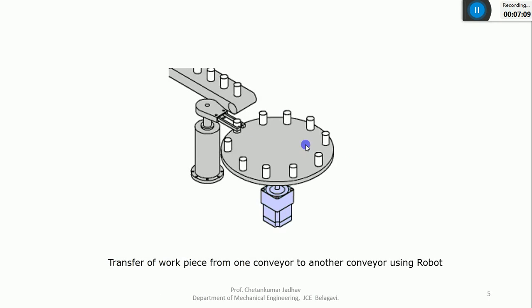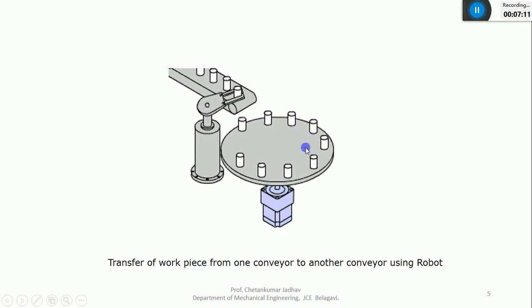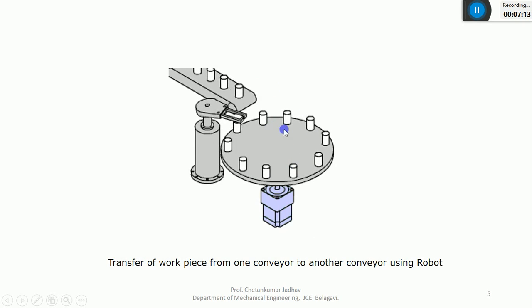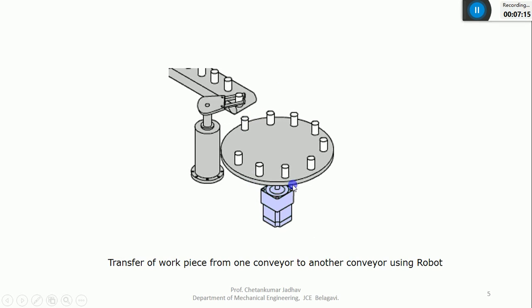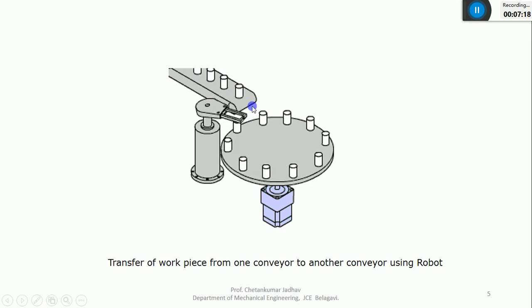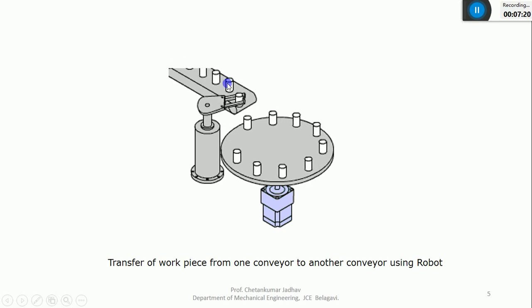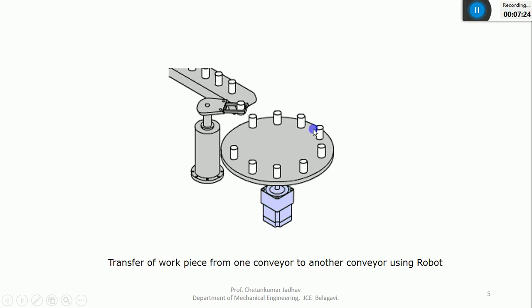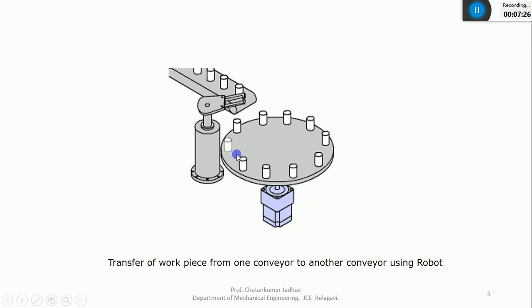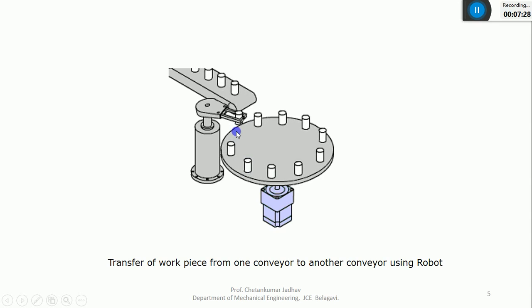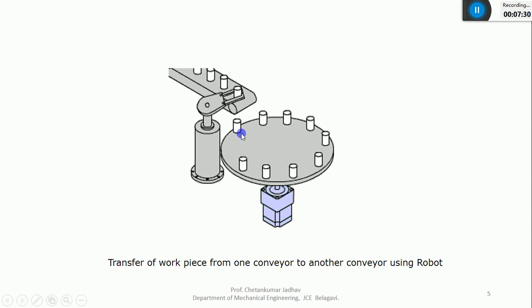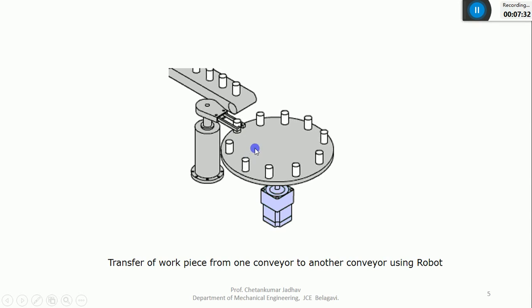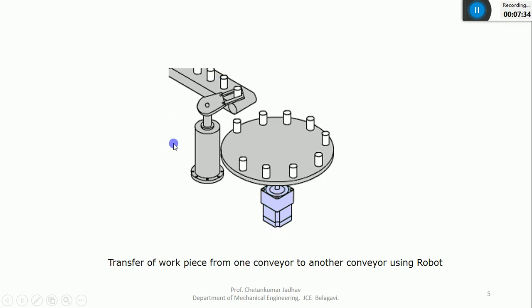I'll take the example of this conveyor. Please concentrate. There's a rotary conveyor here, and a linear conveyor. There are two conveyors, and I want to transfer these white colored workpieces. You can consider these as cold drinks, and I need to transfer them from one conveyor to another, so I'm taking the help of this robot.